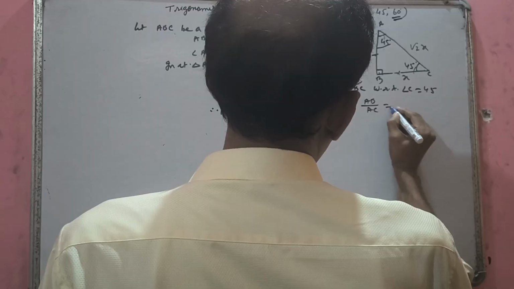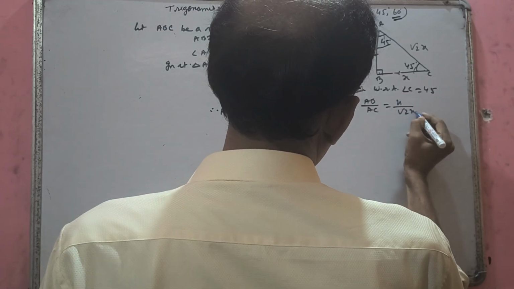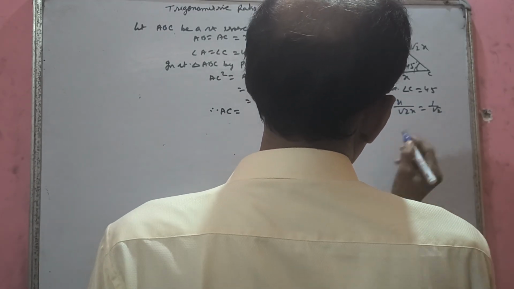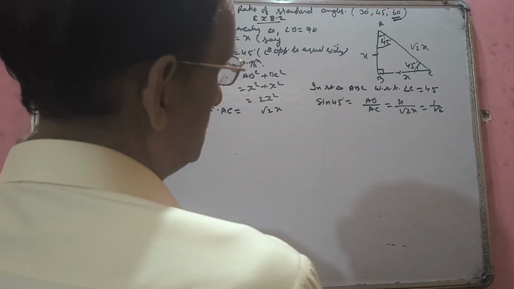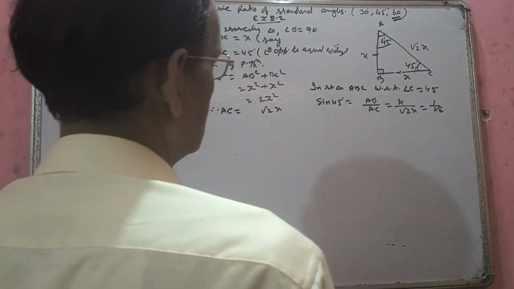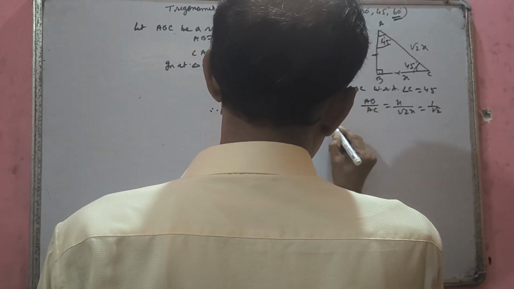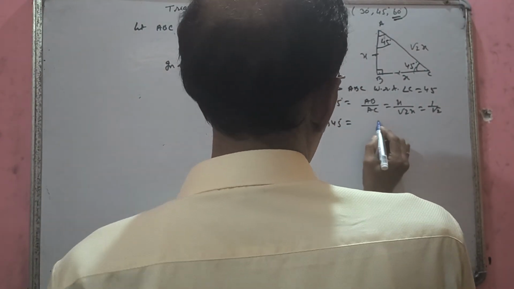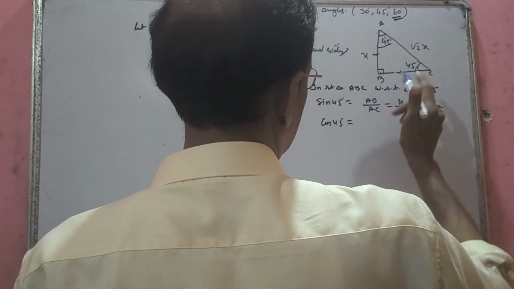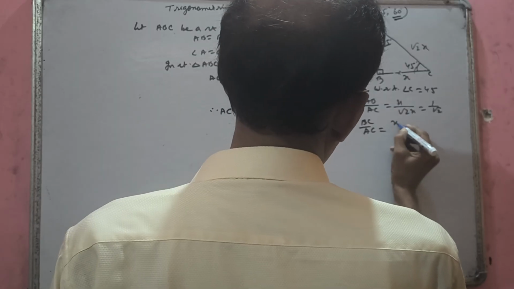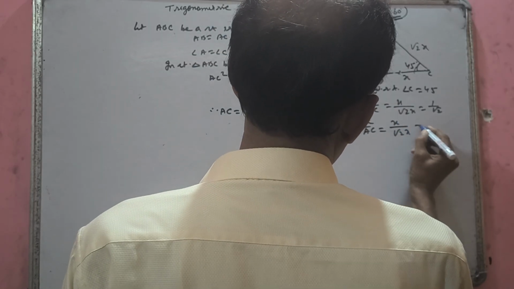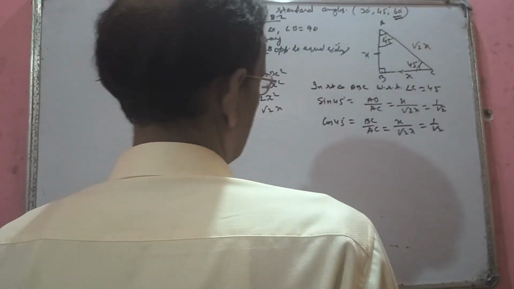Root 2 x. So x by root 2 x, so we will get 1 by root 2. I explained in the table that the value of sine 45 degree is 1 by root 2 only. Cos 45 degree, cos theta is adjacent side by hypotenuse. So BC by AC. So how much will you get? x by root 2 x, again 1 by root 2.